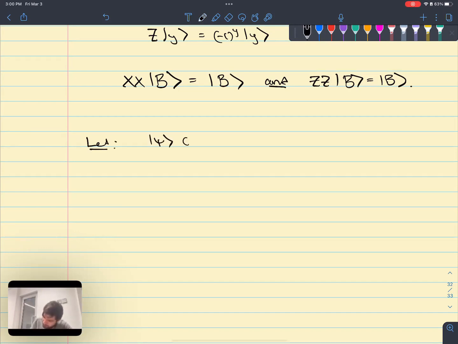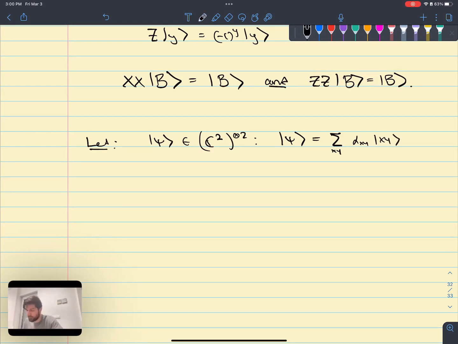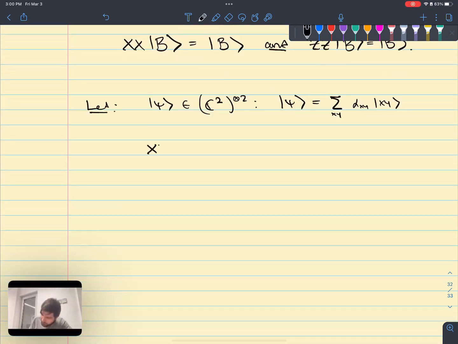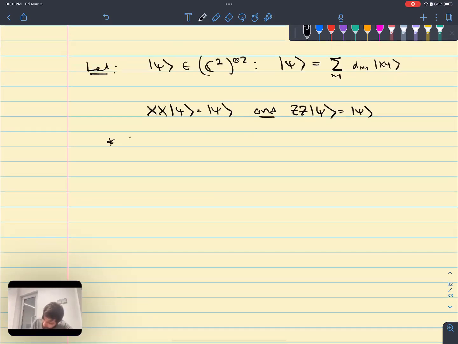If I have some psi, which is a quantum state on 2 qubits, which I can write in the computational basis as the sum over xy of alpha_xy times the state xy, where x and y are bits, zeros or ones, the most general way I could write it, and if just the two conditions XX psi equals psi and ZZ psi equals psi hold, then this suffices to uniquely determine that psi must be equal to the Bell state that I wrote above.